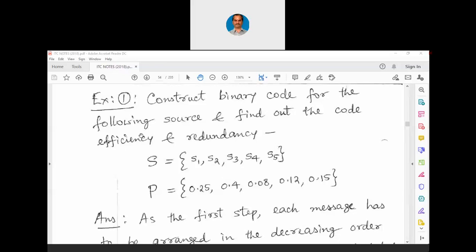So, information source is given which is going to emit 5 messages. That's why I told you it need not be always characters, it need not be always alphabets. In case of a crow, it can be just 5 sounds also. I hope you got it now.